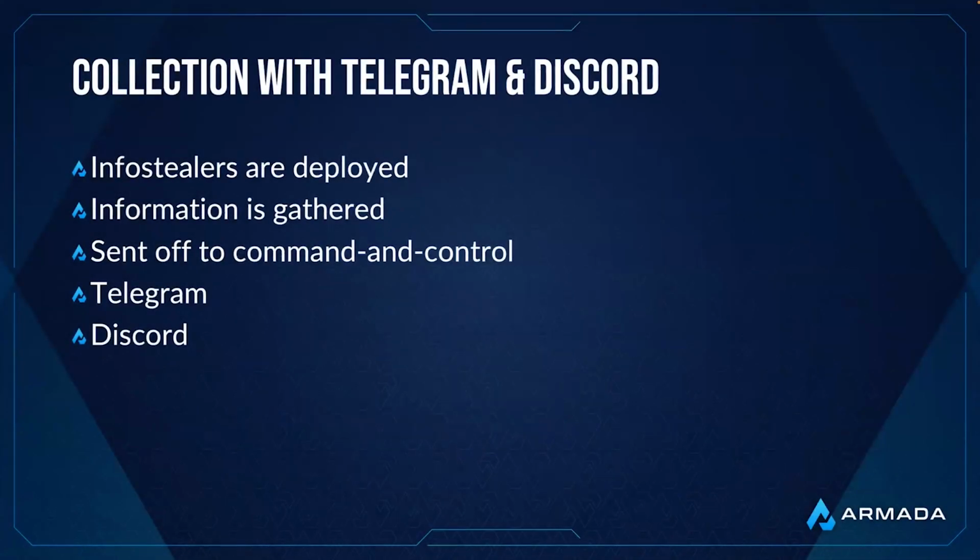We talked about how, once they're on the machine and they are gathering the sensitive information, they ship it out. One of the big ways that they do this is with Telegram and Discord. So Telegram is definitely, last year, the founder of Telegram, I can never remember his name, was arrested in France, and after that, Telegram started to really help authorities out.